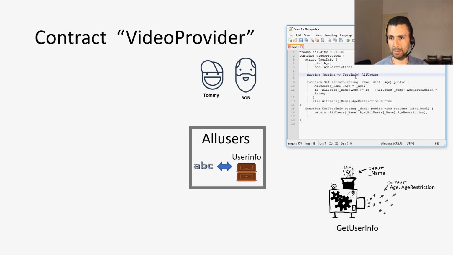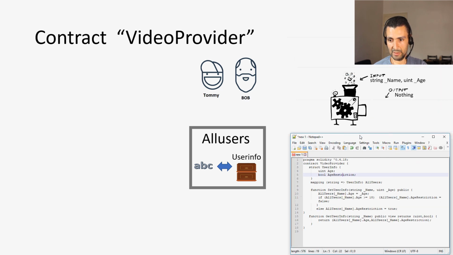I want to map Bob to this user information struct, where it has an age information and an age restriction information. And let's name this mapping all users. So all users will be a mapping of a string to its user information, or to the struct named user information.